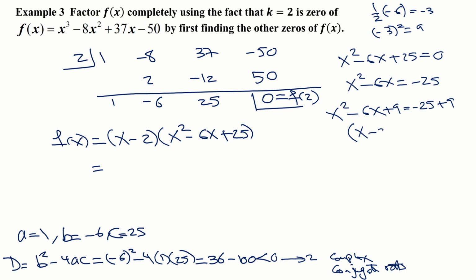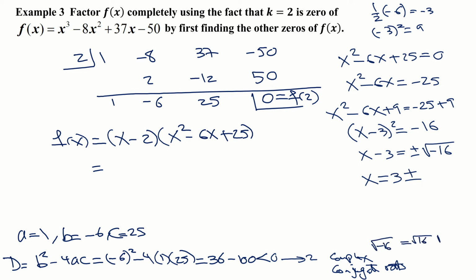So we get quantity x minus 3 squared equals negative 25 plus 9, so negative 16. So applying the square root property, we get x minus 3 equals plus or minus square root of negative 16. So we get x is equal to 3 plus or minus, remember, square root of negative 16 is the square root of 16 times the square root of negative 1, so it's 4i.